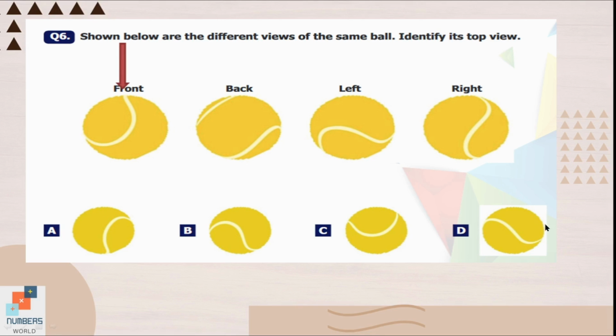So options C and D are completely incorrect. In option B, the white line is starting from the right side of the ball, which is also incorrect. In option A, we can see the white line is starting around the middle and moving towards the right side. So at the right side, the shape will be like this. So option A is our correct option.